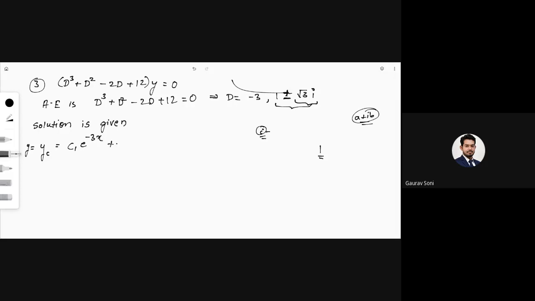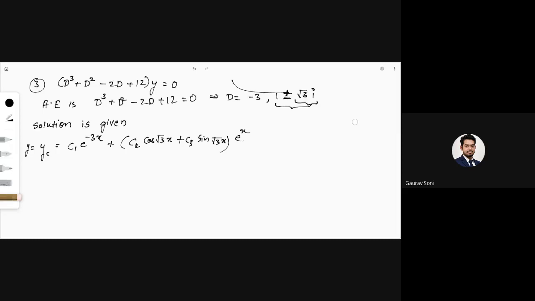And for the complex pair, we will write c2 cos of the imaginary part root 3x plus c3 sine root 3x, times e to the power x.